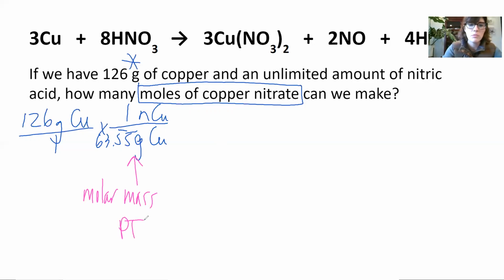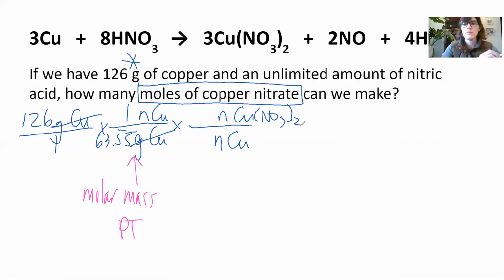Excellent. All right, so next, we are going to do our next step, which now that we have grams of copper taken care of, can we go from moles of copper to moles of copper nitrate? And we can using the balanced chemical equation. So this is where the mole to mole ratio comes into play. So using the numbers in that balanced equation, what is the ratio of copper to copper nitrate?